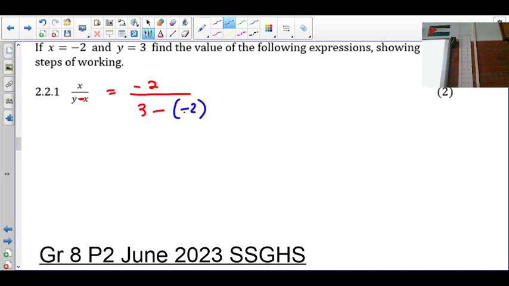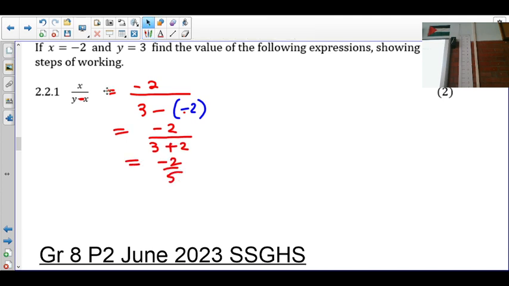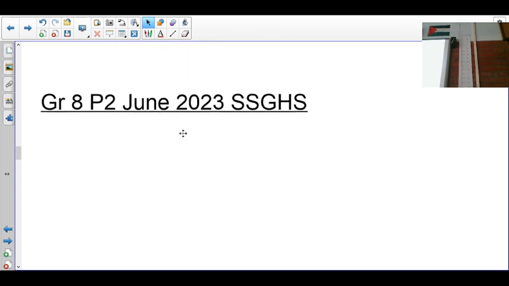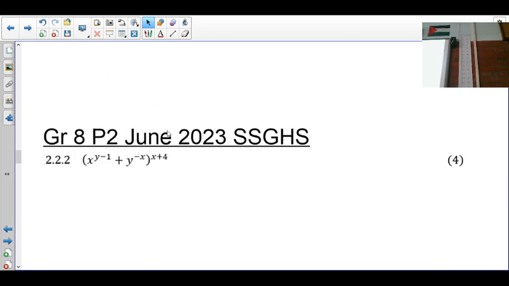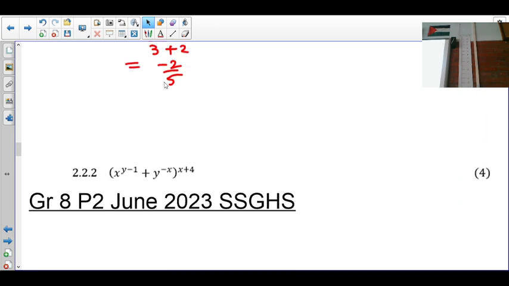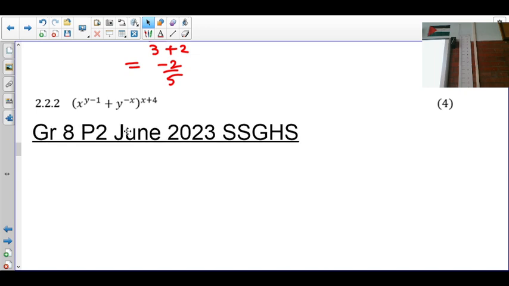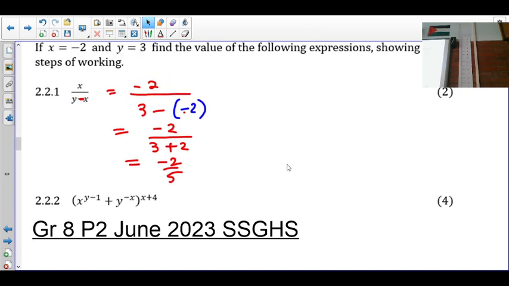Many left out this negative, the first negative. So it's minus 2 over 3 minus negative 2. Negative times negative is positive 2, and that will give you negative 2 over 5. Many of you got negative 2 over 1 there. Let me just pull this up here.